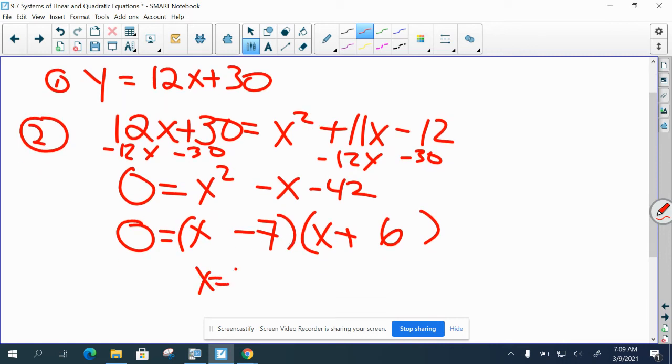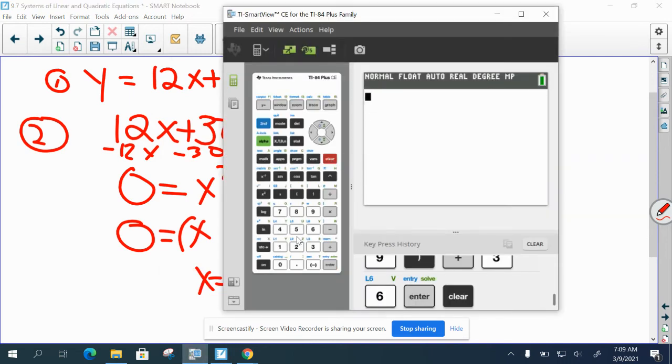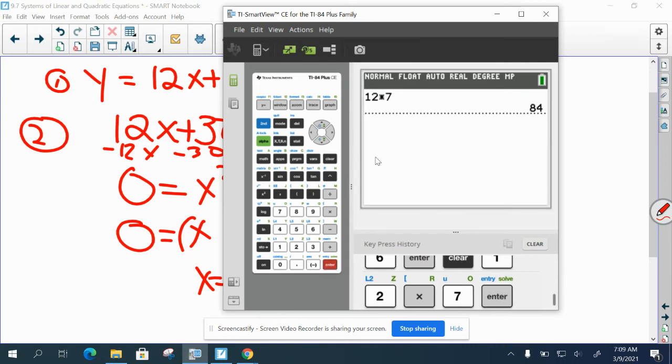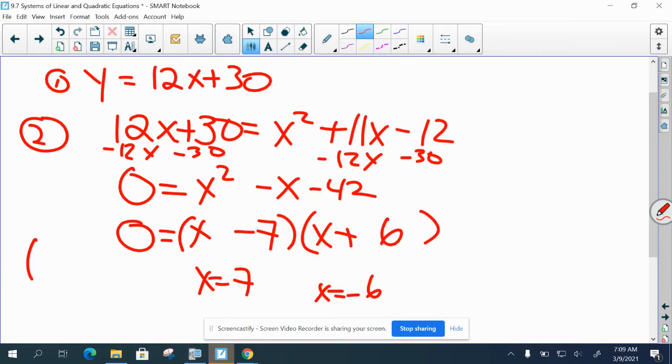All right, solve for x. So you'd get x equals 7, x equals negative 6, and then you plug 7 and negative 6 back in for x up here. So 12 times 7 is 84, then add 30 to that, which makes 114. So 7 comma 114.